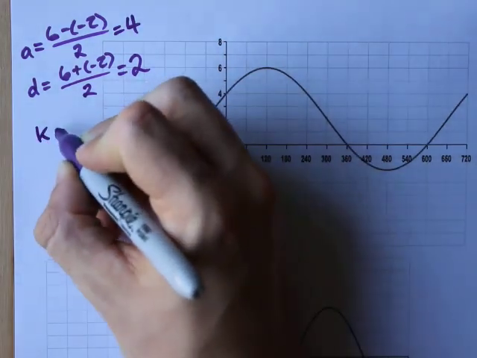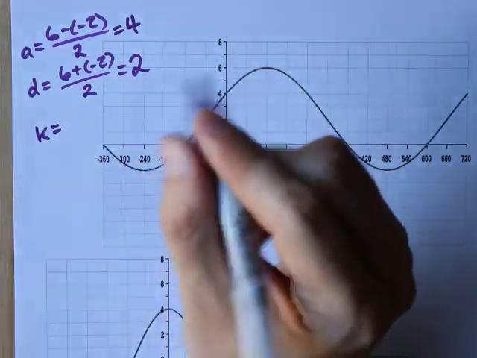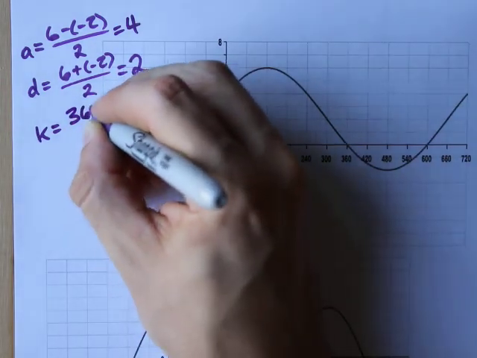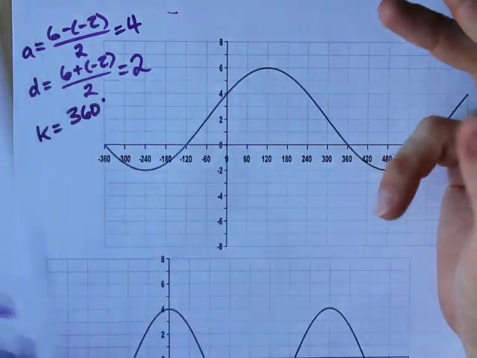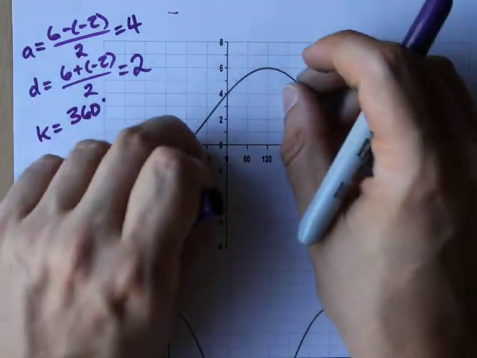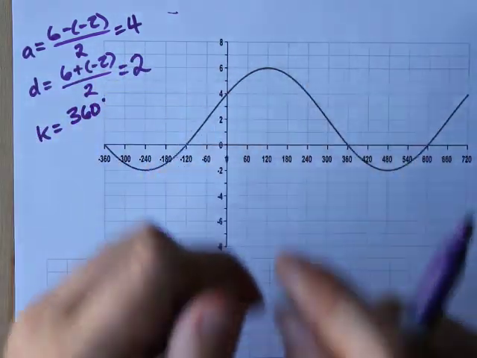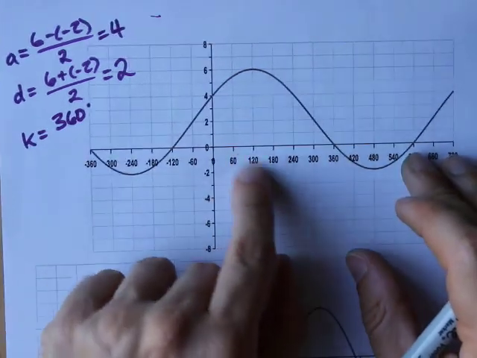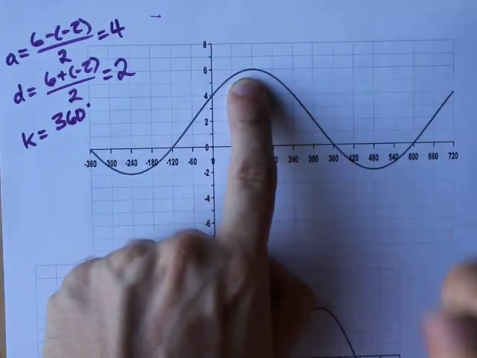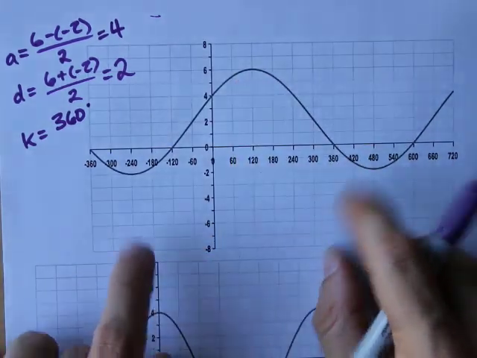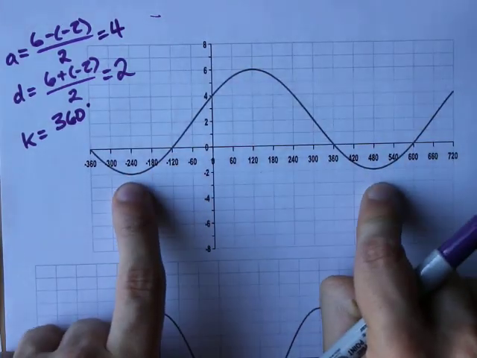The K value is going to depend on the period. The formula for it is 360 degrees divided by the period, but what's the period? The way that I like to find it is finding the horizontal distance between 2 maximums. I have a maximum here, but this graph doesn't show me a second maximum. I can also use 2 minimums.